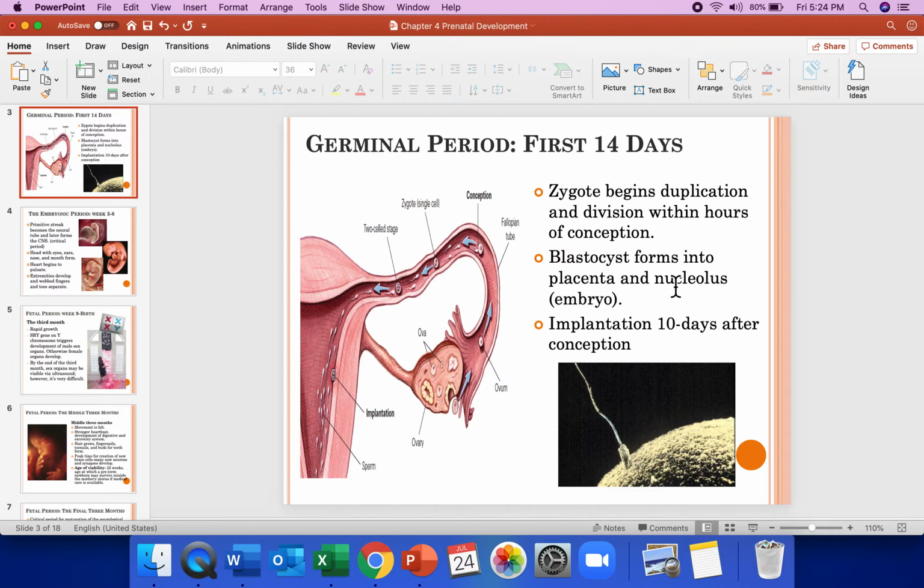The blastocyst forms into two parts. One part is going to be the baby or the embryo, and that is the nucleus, and then another part is going to be the home of the baby for this period, and that is the placenta. So this journey from start to implantation is what is called the germinal period.